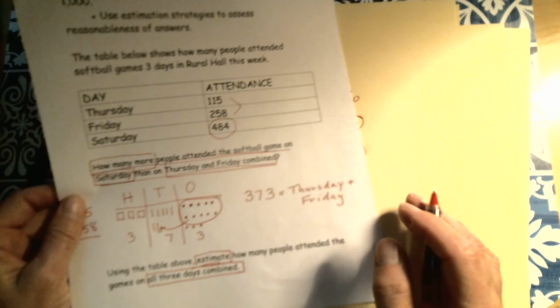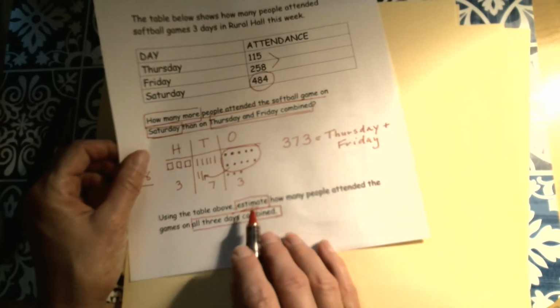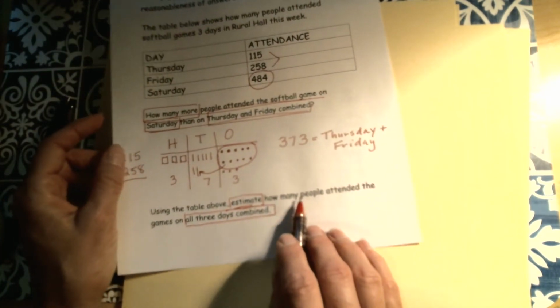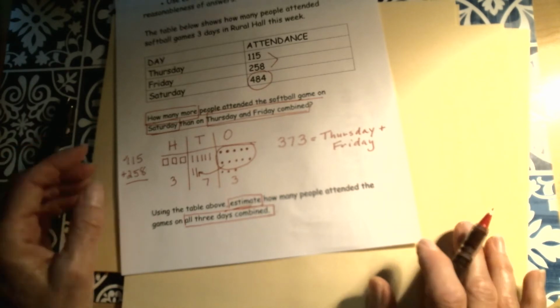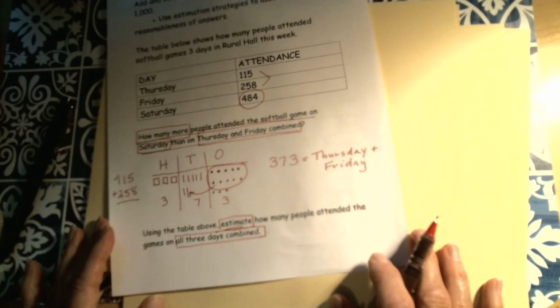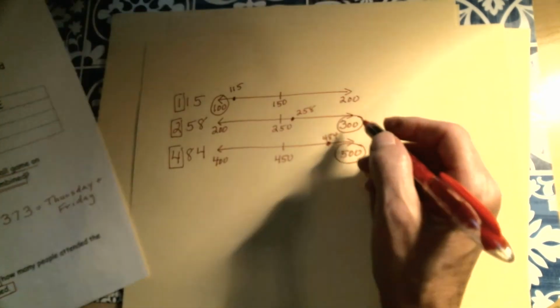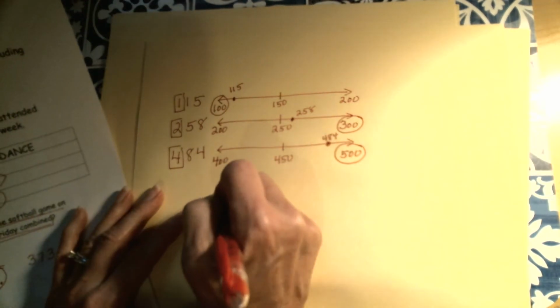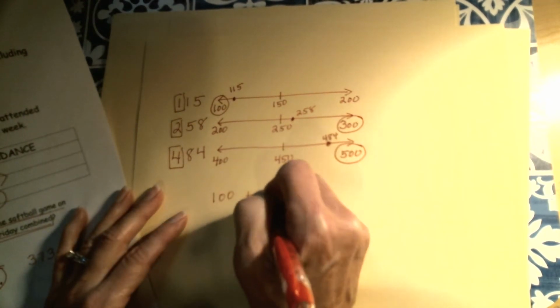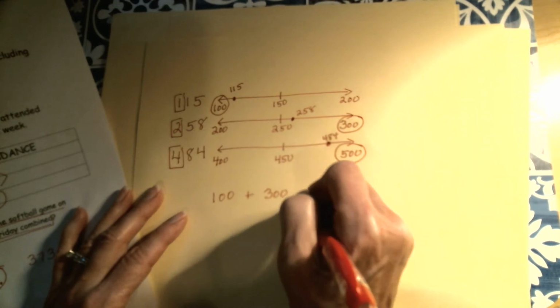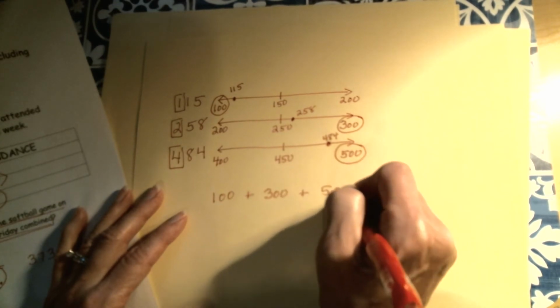So if they ask, using the table above, estimate how many people attended the games on all 3 days combined, I'm going to add up 100 plus 300 plus 500.